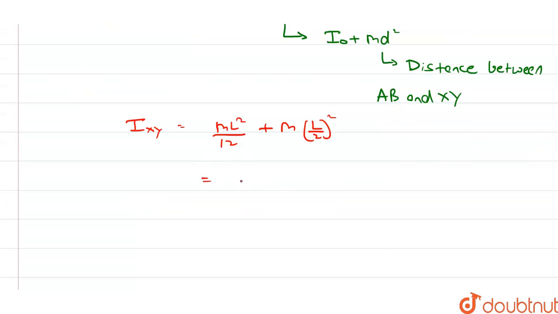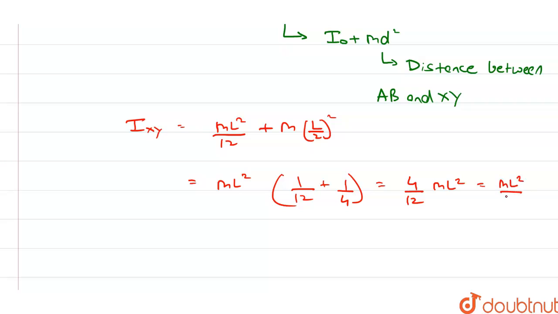This implies we get ml square common into 1 upon 12 plus 1 upon 4. This implies we get 4 by 12 ml square, or ml square by 3.